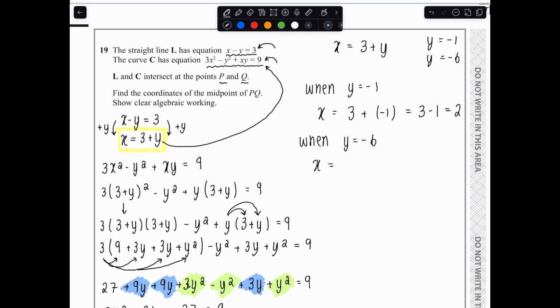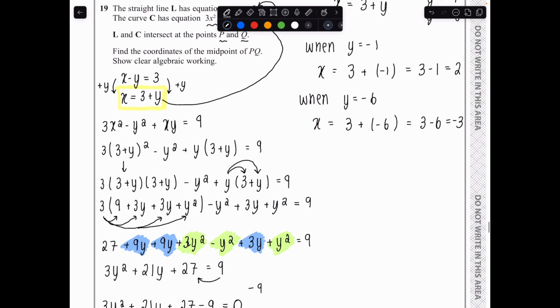In this case, x is equal to 3 plus negative 6, which is the same as 3 take away 6, which is equal to negative 3. So in other words, we found out the points P and Q, haven't we? One of them is going to be (2, -1), and the other is going to be (-3, -6). But is that our question done? Have we sort of answered the question?